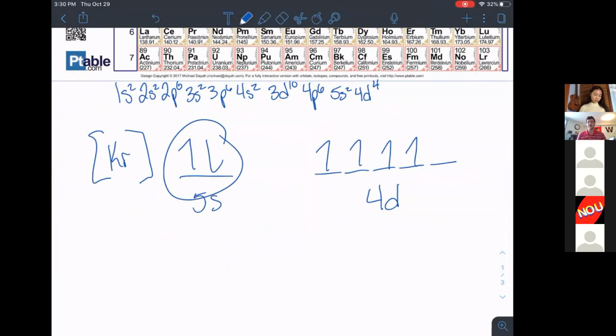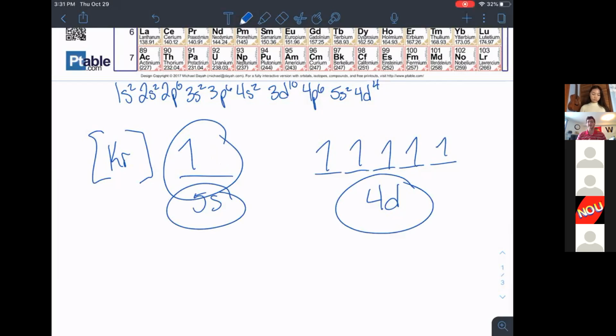And so that one missing is going to steal that electron from 5s and pull it onto 4d, because it'd rather fill half of 4d and half of 5s than have 5s completely filled and be missing one of the orbitals from having an electron in 4d.